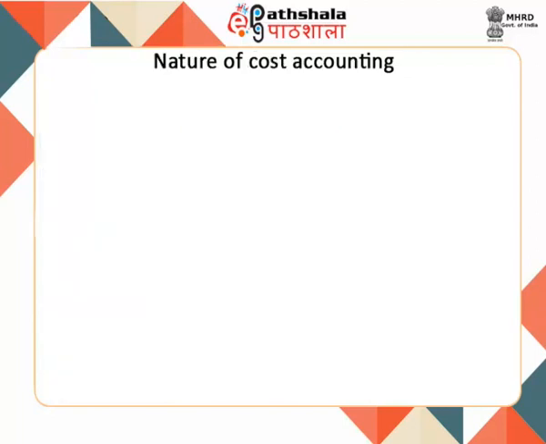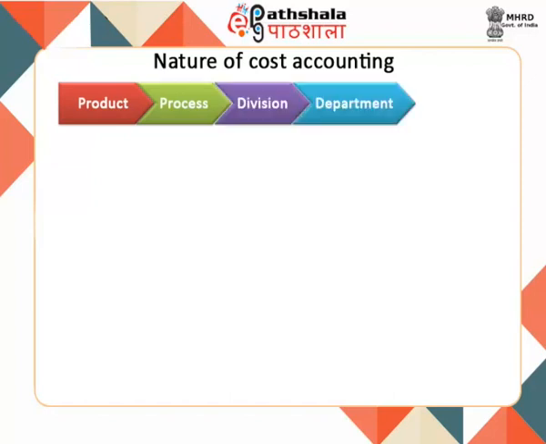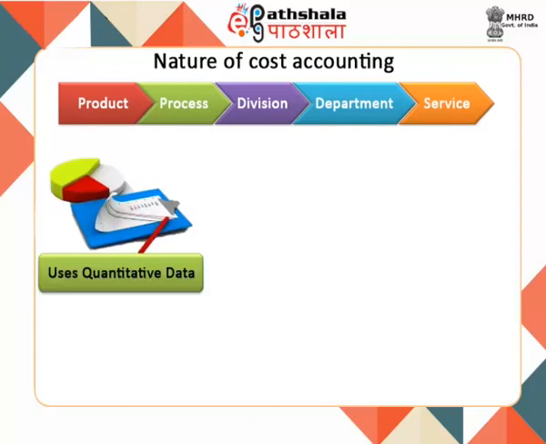The nature of cost accounting is that it is concerned with ascertaining the cost of a product, process, division, department, or service. Cost accounting uses only quantitative data which is expressed in monetary terms.